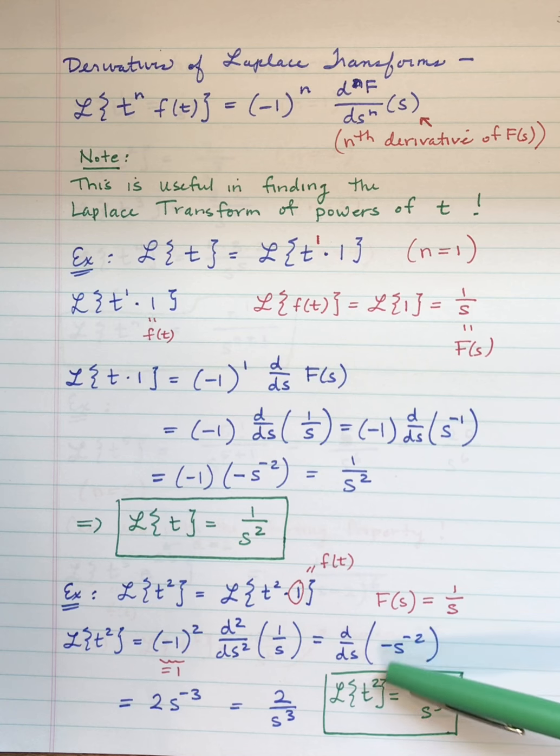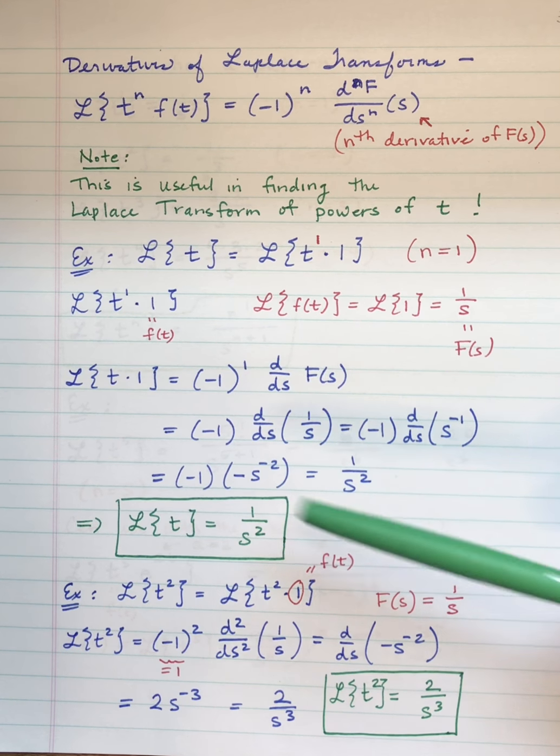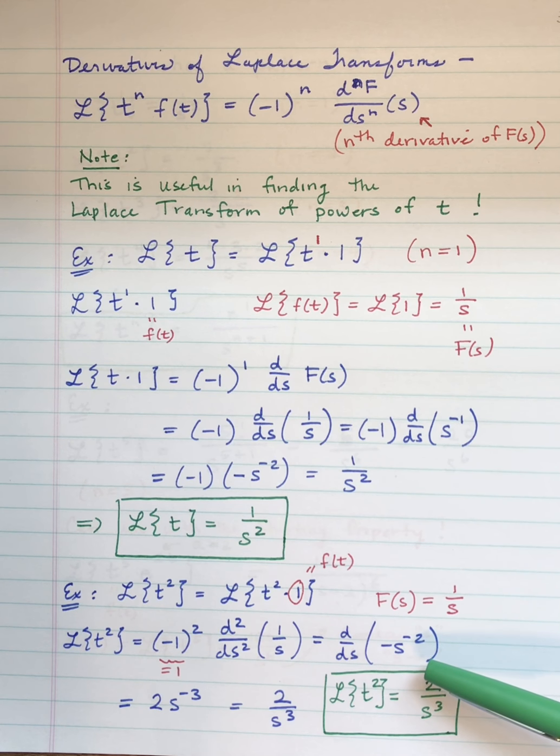Well, we know the first derivative is -s to the -2. We did that right up here. What's the derivative of -s to the -2? We'd have a -2 times -1, which is 2, times s to the -3. That's rewritten as 2 over s cubed. So the Laplace transform of t squared is 2 over s cubed.